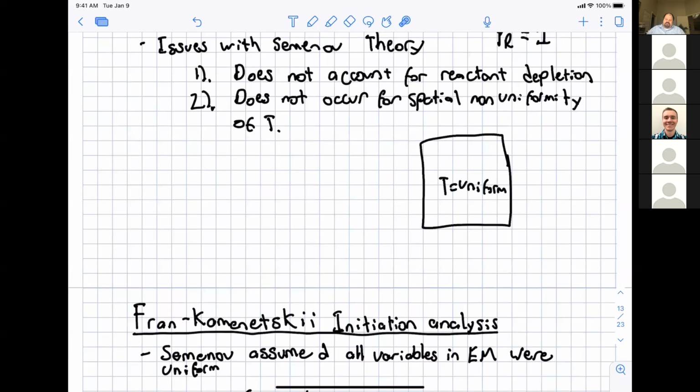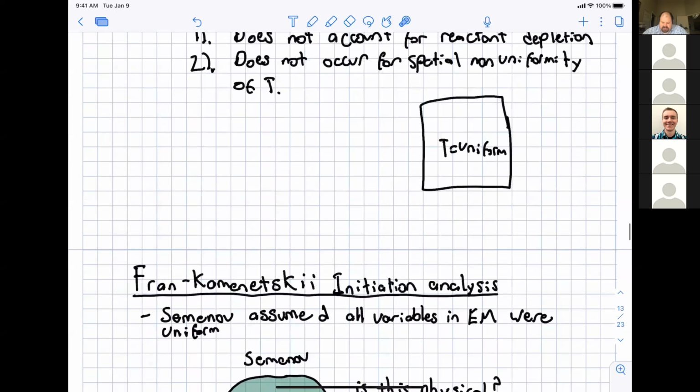And that bothered Frank-Kamenetskii, and he corrected for that. The Frank-Kamenetskii initiation analysis actually corrects for the fact that there may be a different temperature in the middle of your material than there is on the outside.